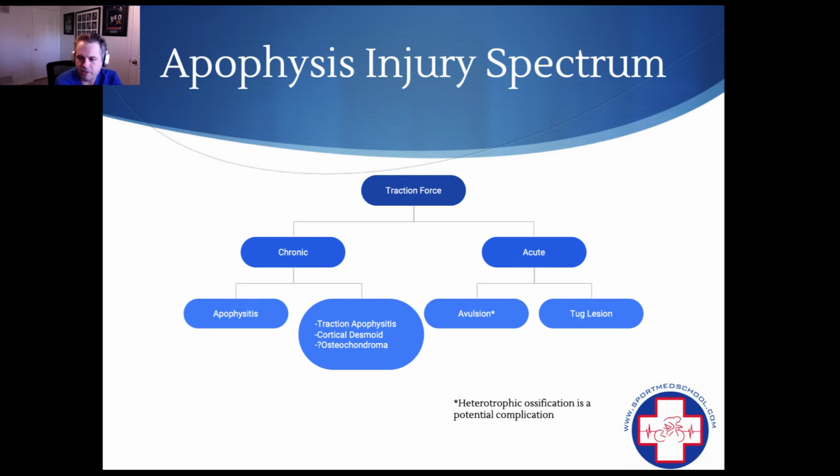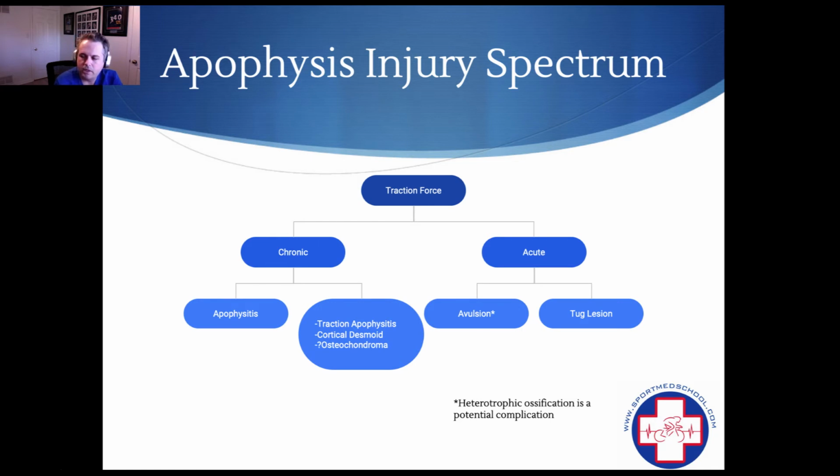And there have actually been some cases of osteochondroma occurring at the apophyseal site. Now, most of those are non-tender when they occur, but there's potential for causing pain, but also further injury just because they tend to be quite prominent.